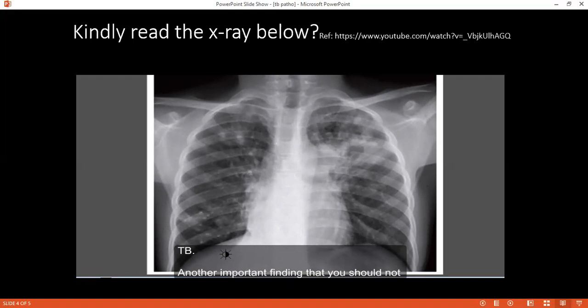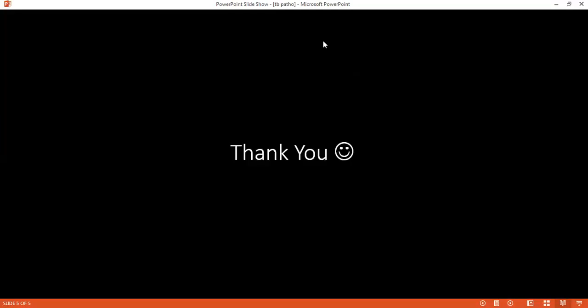There is a consolidation in the left upper lobe and multiple patchy opacities along the lung shadows bilaterally, which might be suggestive of tuberculosis infection. And it's a male patient's X-ray. Very good. Thank you.